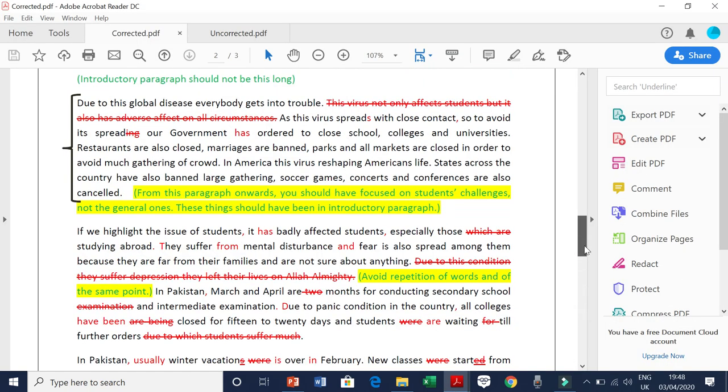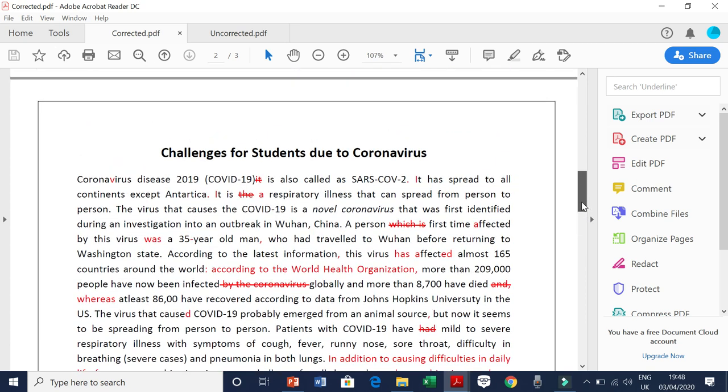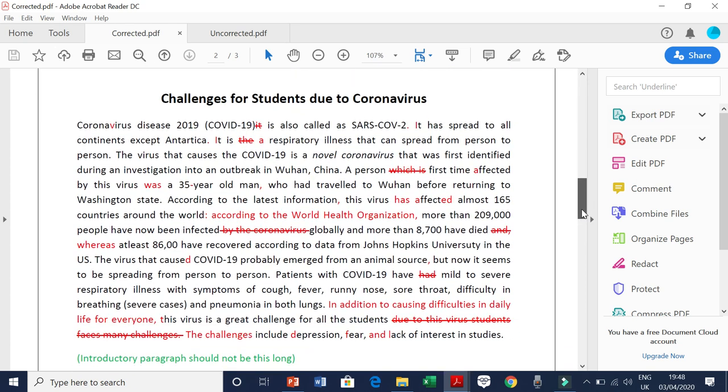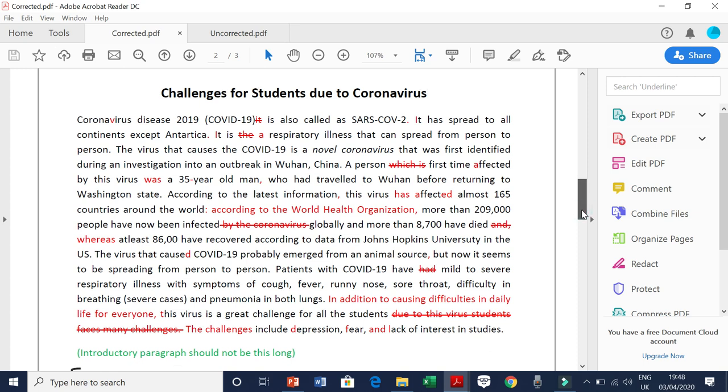Now, one essay I will show you was checked by me in this way, where I could see that there were a number of mistakes of tense, missing links, and too many words used. Then there was a noun and number problem, meaning there was no agreement between the noun and its number.